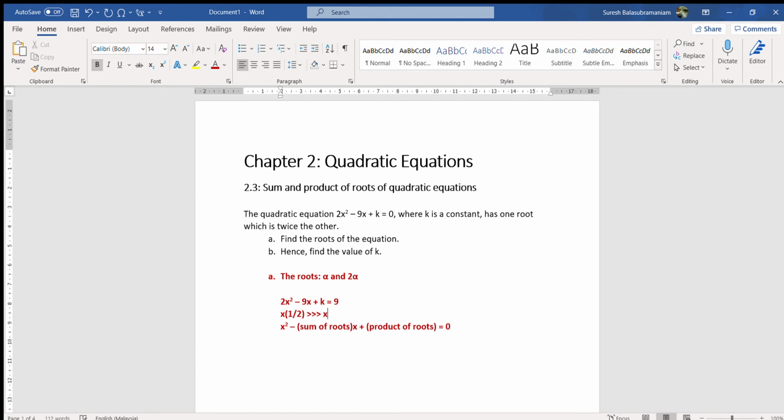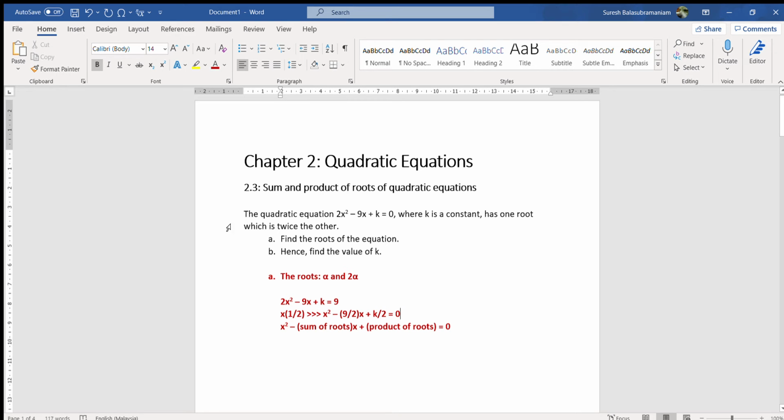So I'll get x squared minus 9 over 2 x plus k over 2 equals 0.